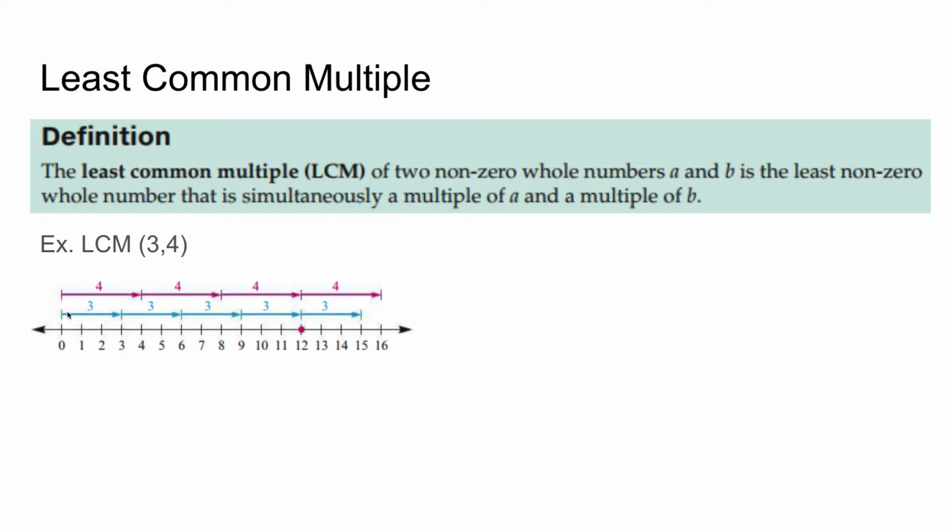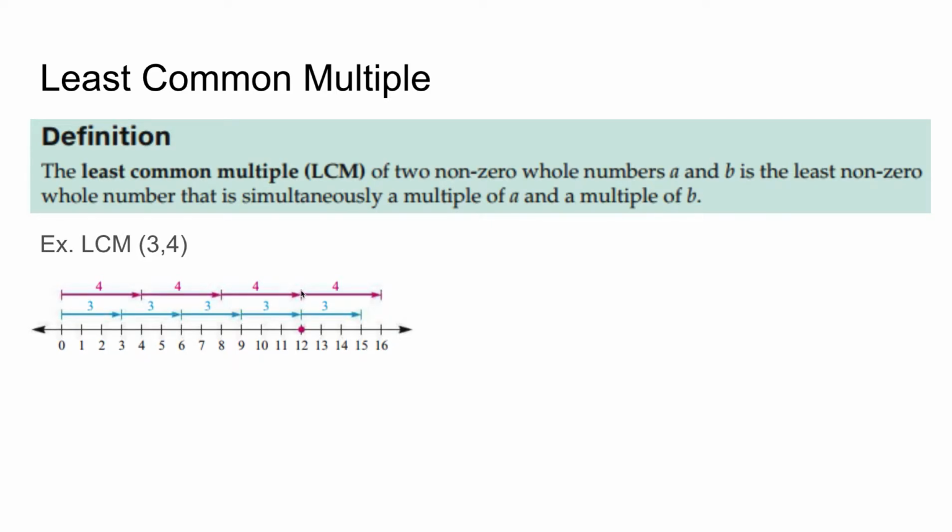So we found the multiples of 3, and let's do the same thing for multiples of 4. We can keep adding 4 to find the multiples of 4, which is 4, 8, 12, 16, 20, etc. So we see what's the least common multiple. So what is the common multiple? Well, these two are not common, not common, not common.